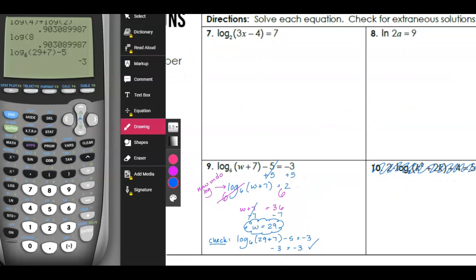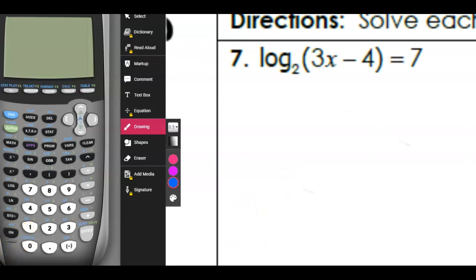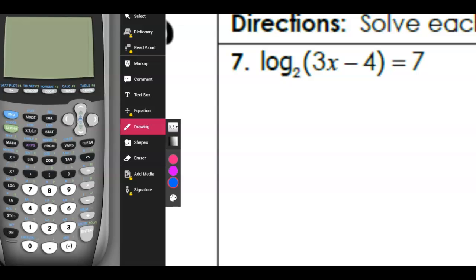You guys try 7 and 8. Mateo, on number 7, what did you do first? Good. And how did you get rid of the log? You created a big base of 2 on both sides. Good. So we're left with 3x minus 4 equals, now what is 2 to the 7th power, Kaylee? 128.